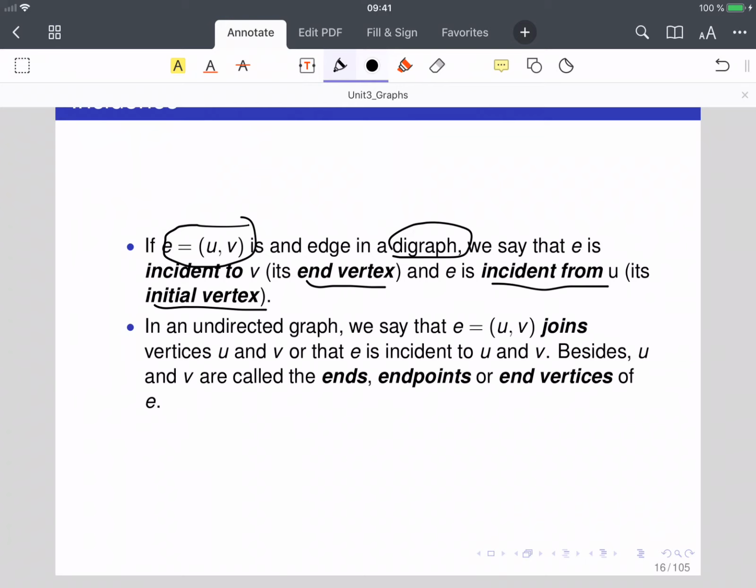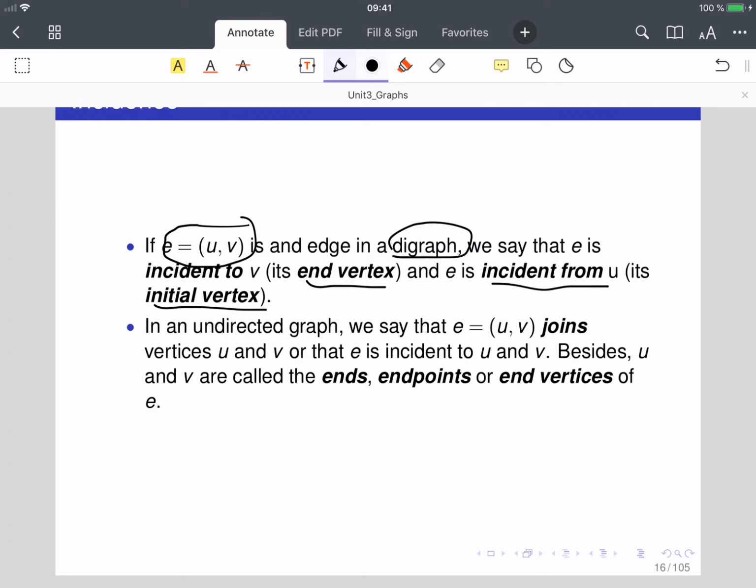The names are, I think, very clear, and the meaning of these concepts is exactly the same as you may imagine from the names. So it's not very difficult.